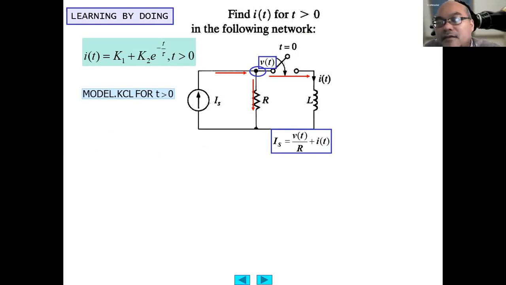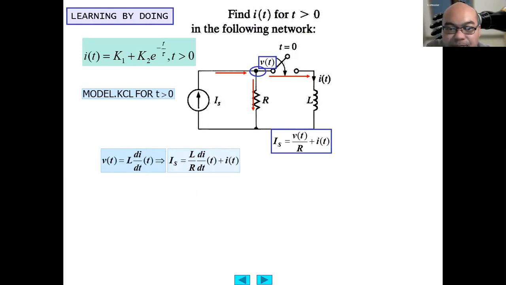We know i_L can be obtained using the integral form of inductance, 1 over L integral V dt. V(t) here equals L di/dt.